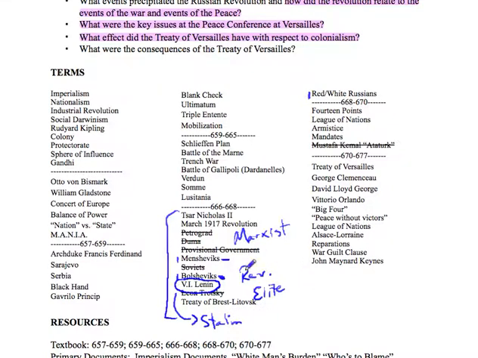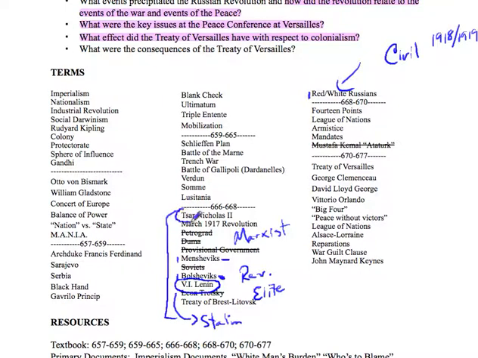The battle for the hearts and souls starts here, but ultimately it's expressed in a civil war that breaks out in Russia in 1918, and I think it carries over into 1919. That's a battle between the Reds and the Whites. The Reds are the Bolsheviks, and the Whites are people who want to return to the old way.